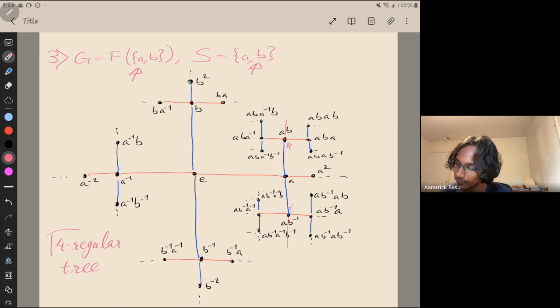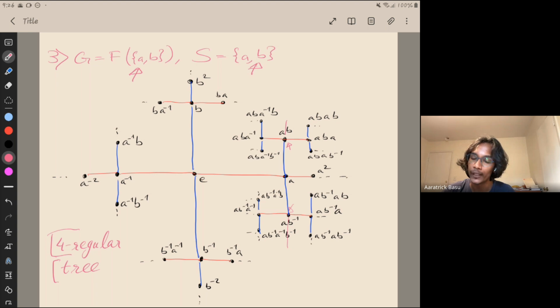So what's the 4 regular? 4 regular means that every vertex has 4 edges connected to it. And tree, which is more interesting, is saying that there are no loops. If you keep walking and keep taking a shortest path, a geodesic, if you know what that is, a path of shortest distance between any 2 points, you will never come back. You never see a loop.